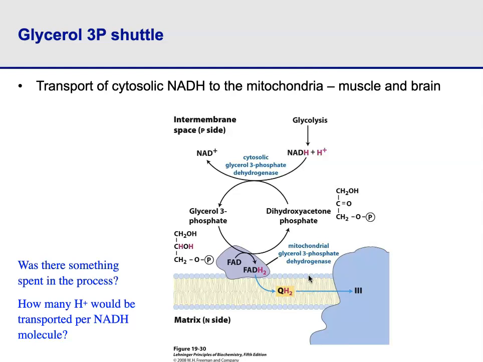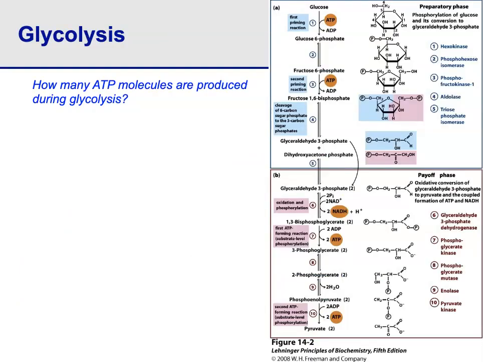But we skipped complex 1. This electron pair, even though it's carried by NADH, because it doesn't enter the mitochondria, but transfers its electrons straight from the cytosol to Q, will only be the reason for the transport of 6 protons from the matrix to the intermembrane space.